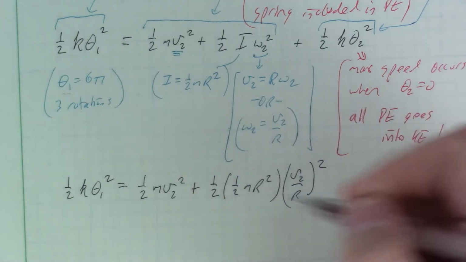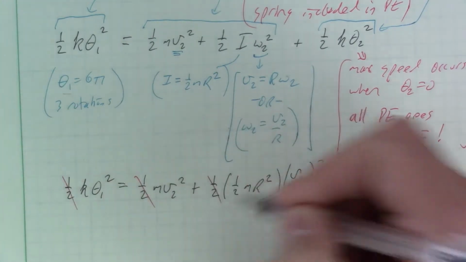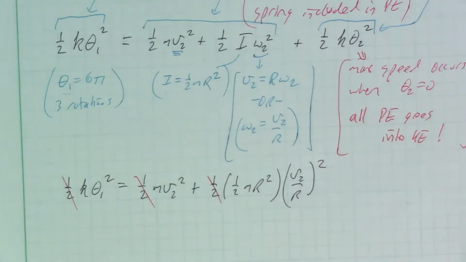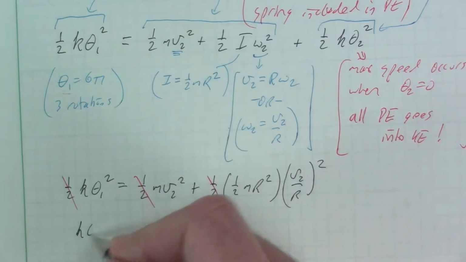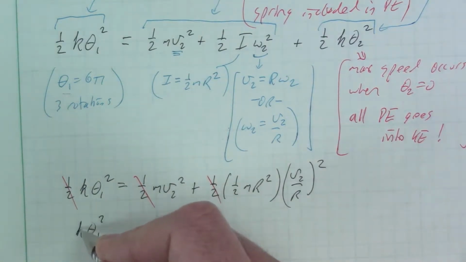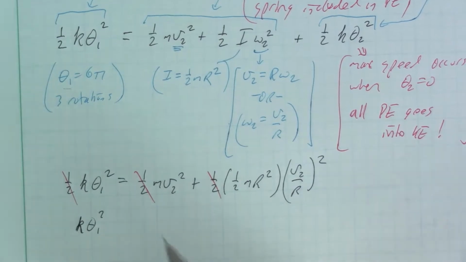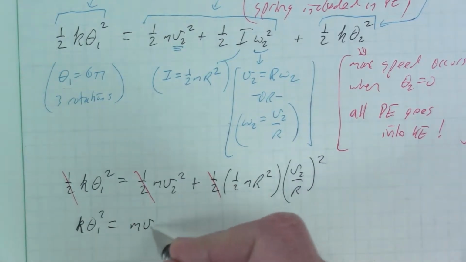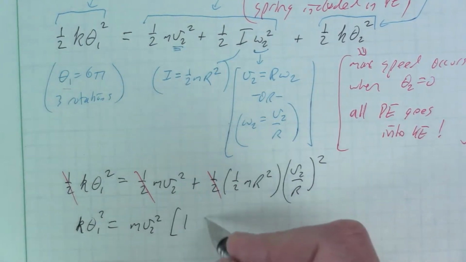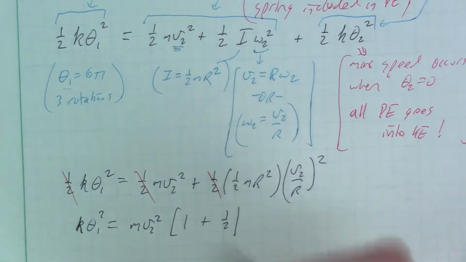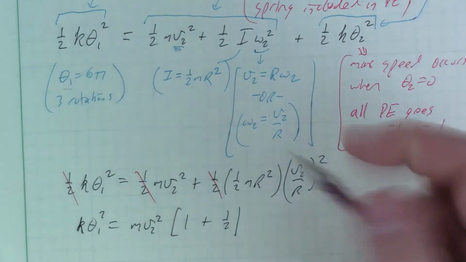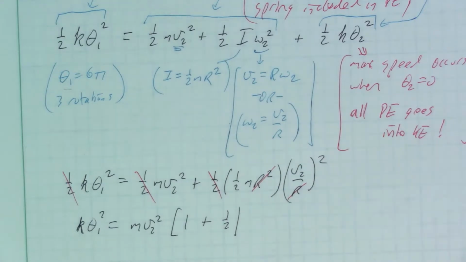Let's now solve this. 1/2 on every term. So we have k theta 1 squared equals mv2 squared times 1 plus 1/2. A lot like what we had last time, and that's because the radius squared cancels.